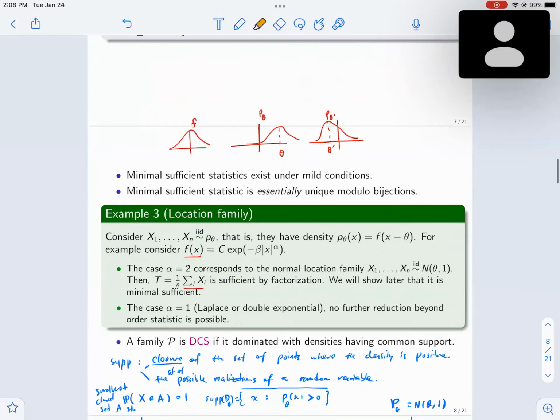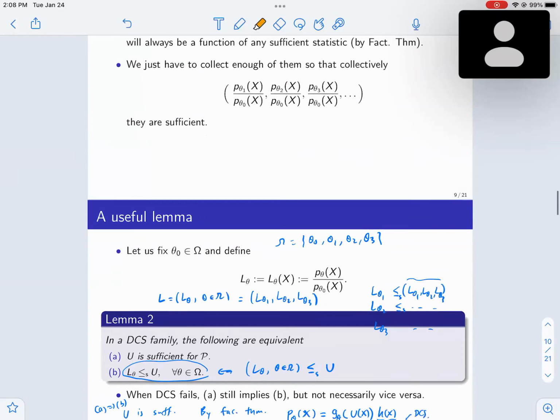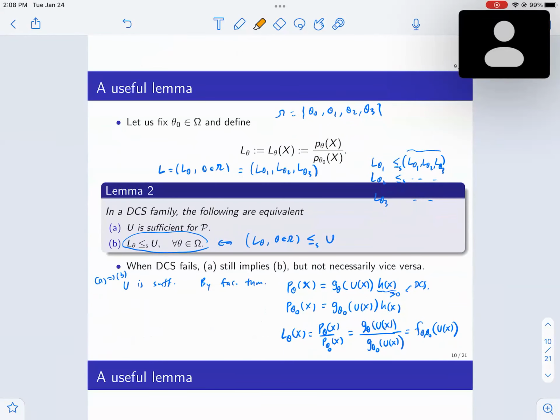Towards the end of the last lecture, we argued that if you look at the likelihood ratio, so if I have my probability densities and I divide them by the probability density at a particular fixed parameter, that would give me the likelihood ratio for comparing the model based on theta and the model based on theta naught.